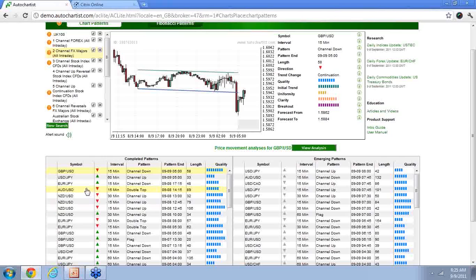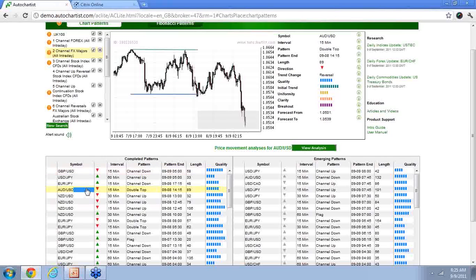So this morning, on a 15-minute chart, we did have a double top come in on the Australian US dollar. Now this took a little bit of time to form. You can see that there's a wide range in here, and the distance between these two tops helps clarify the double top formation.